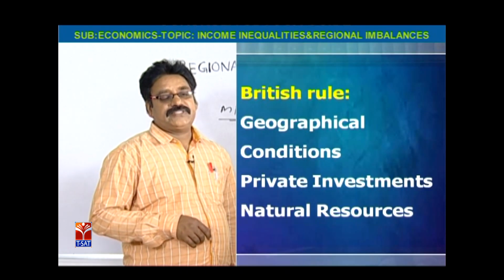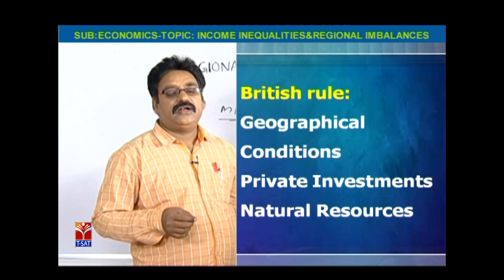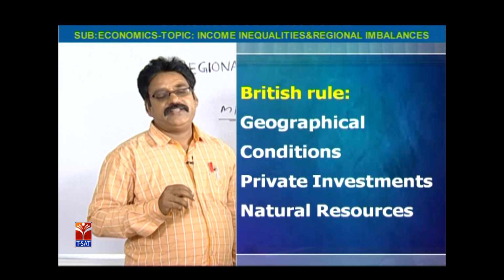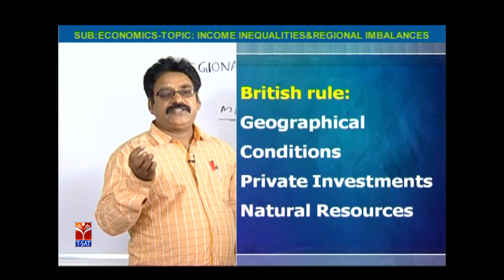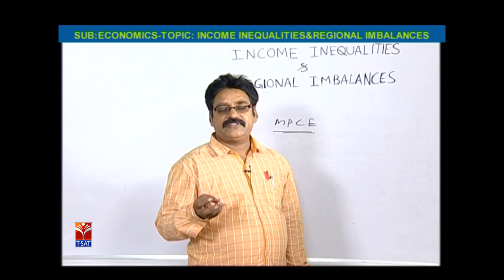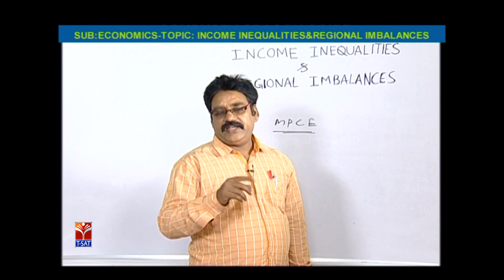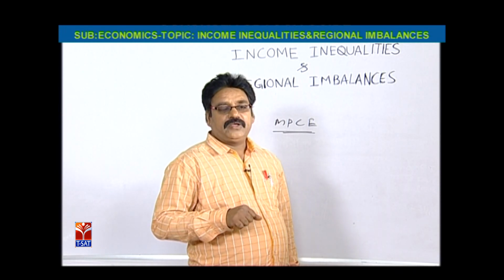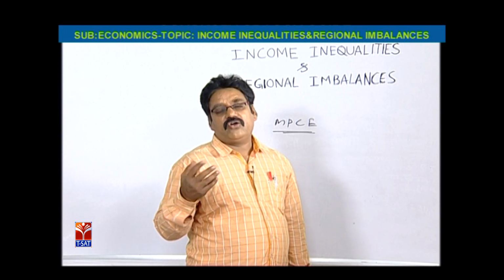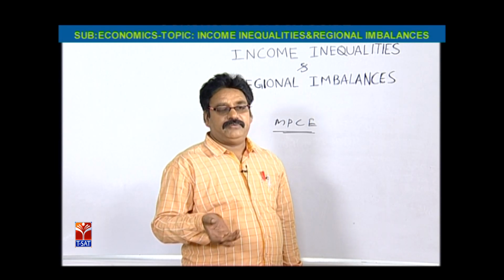Next, natural resources are also one of the main reasons. If a state has natural resources, fertile land with irrigation facilities, that area automatically develops in agriculture. But some states do not have natural resources, so they are not developed.